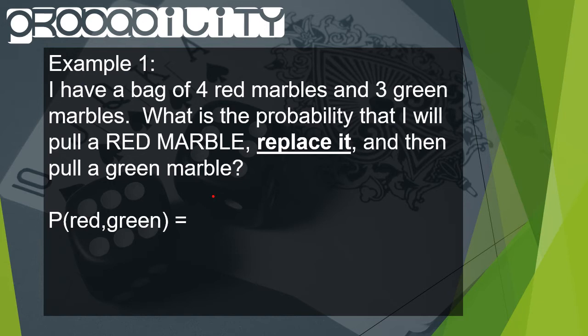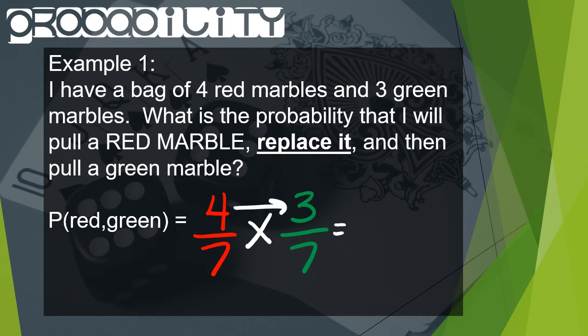Anytime we combine 2 events in probability, we multiply. So 4/7 times 3/7 equals 12/49. I have a 12 in 49 chance of pulling a red marble, putting it back, and then pulling a green marble.